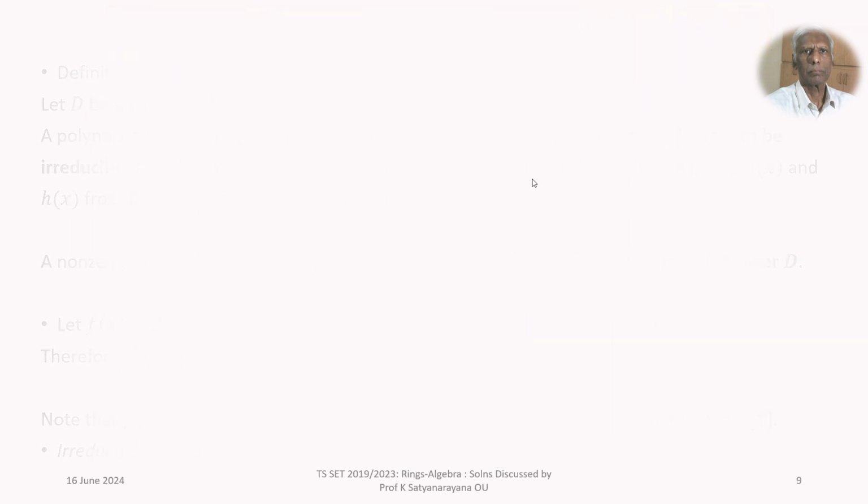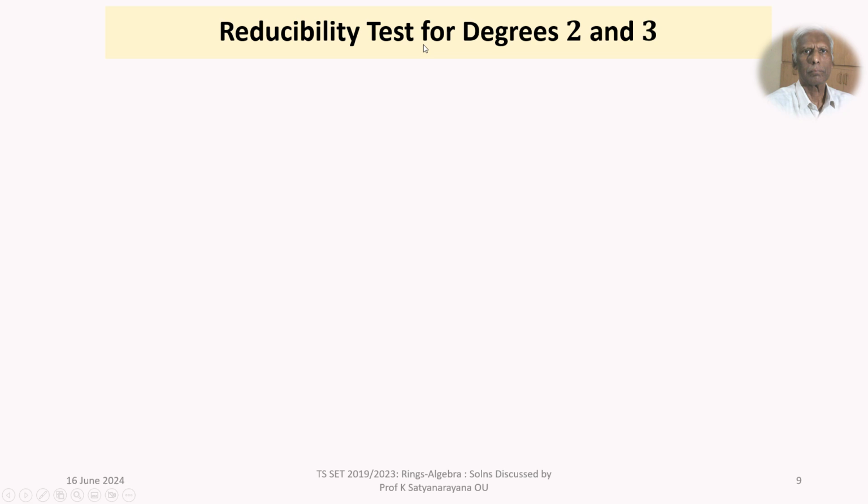Now, the reducibility test for degree 2 and 3. That means for polynomials of degree 2 and 3, there is a reducibility test. A very easy test, but it depends on the degrees, 2 and 3. Let F be a field.